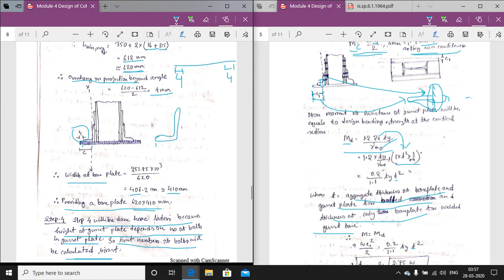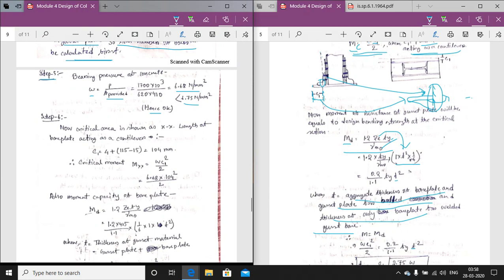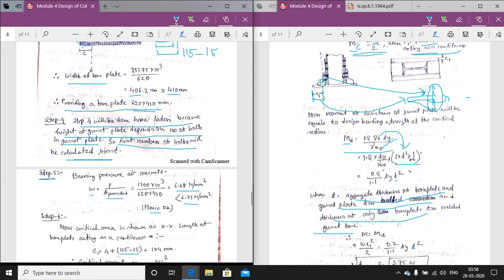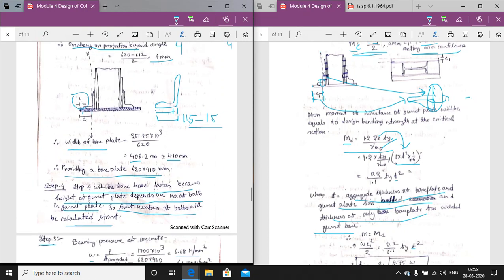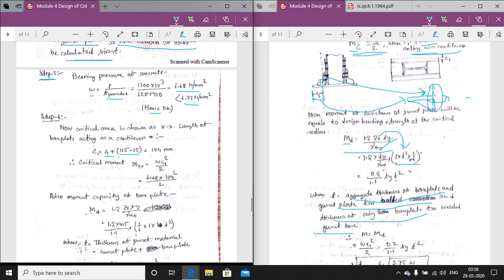So it will be 115 minus the thickness, that is 15, that is equal to 100. I have also shown it here, that is 115 minus 15, plus 4. So plus 4 is the cantilever portion size.